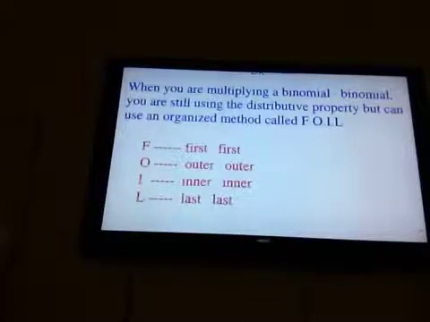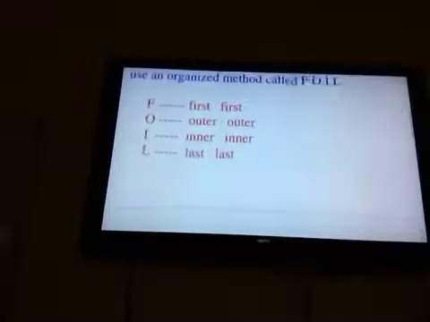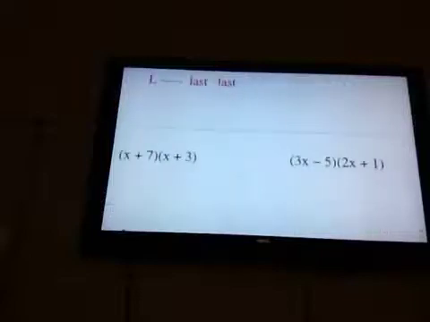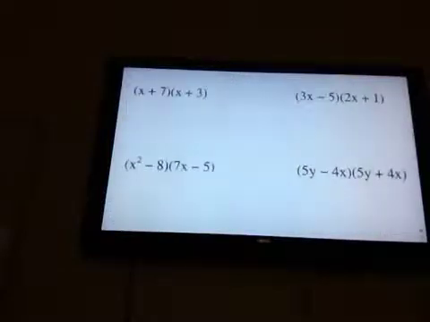So while I don't really care if you apply FOIL or not, you're going to see me do it, okay? But it's not really necessary at all. But the concept is important for the next one, okay? Keeping in mind that you can only use it when you have 2 terms times 2 terms, okay?